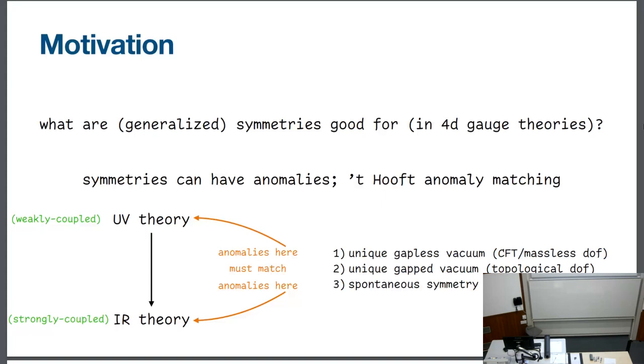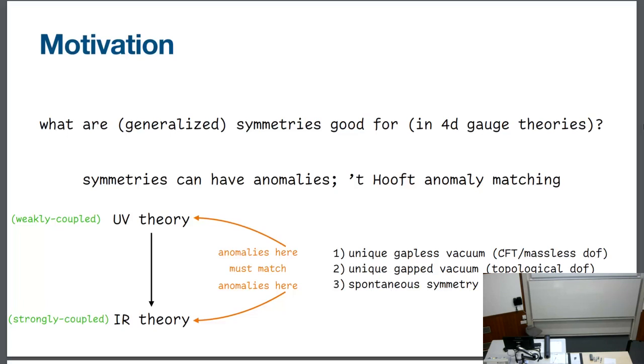What you can have is a gapless vacuum, basically some CFT, some massless degrees of freedom. You can have a gapped vacuum. In this case, you have topological degrees of freedom. Or you can have some symmetry breaking. But whatever happens, whenever one of these options is realized, it must produce the correct values for the anomalies that we computed up here.